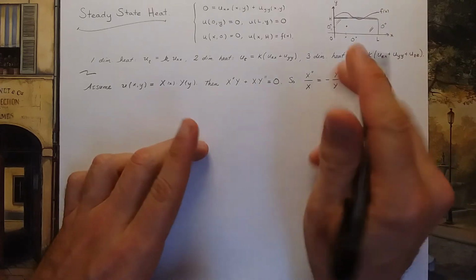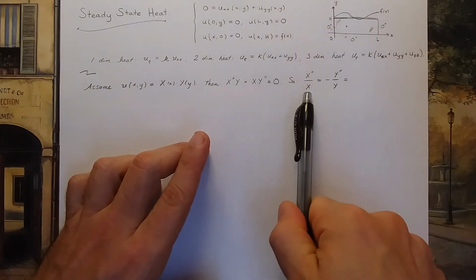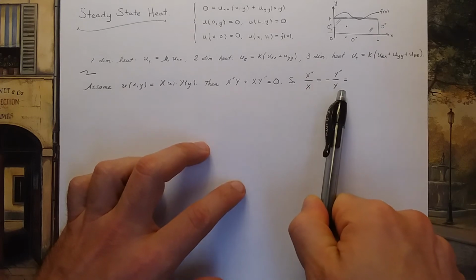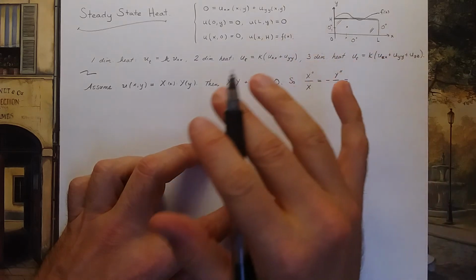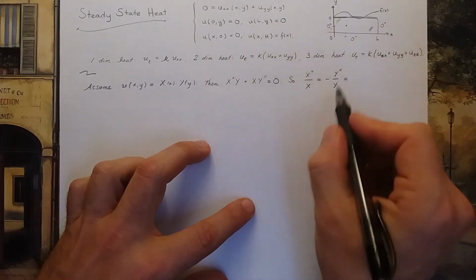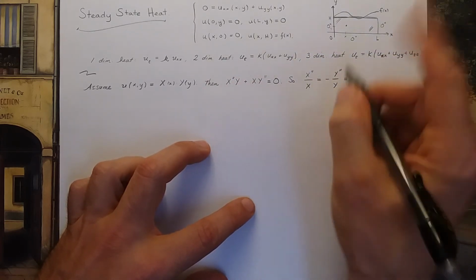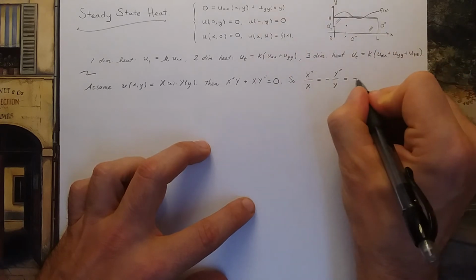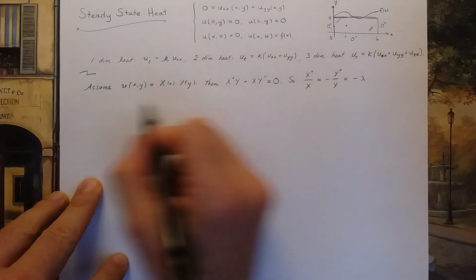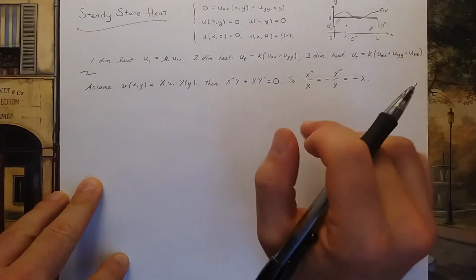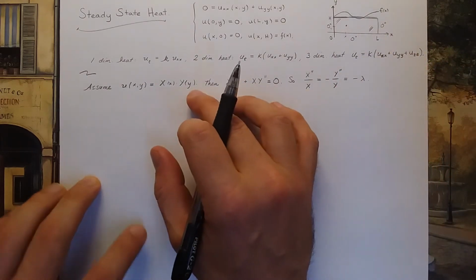So on the left side of the equation, I have a function of x. On the right side, I have a function of y. And the only way a function of x and a function of y can be equal is if no x's and y's explicitly appear in the function, meaning the function has to be a constant, which we will call negative lambda. This gives rise to two ordinary differential equations.